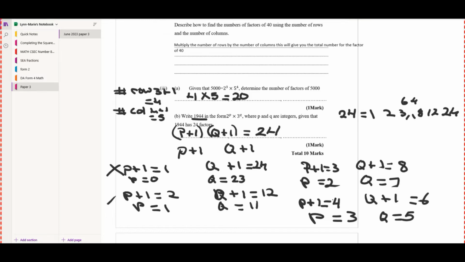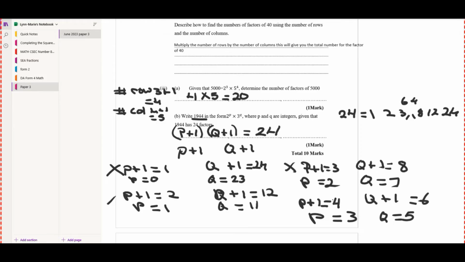Right, so that's 2 to the power of 2 multiplied by 3 to the power of 7. You're getting 8,000. You're not going to get that. So it's not this one.